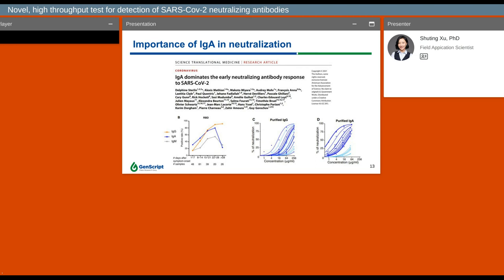Another figure from the same research shows that the purified IgA has a much higher neutralizing ability compared to the IgG, which people conventionally like to detect after the infection of SARS-CoV-2.